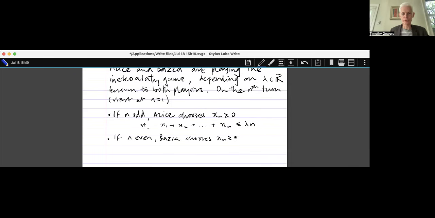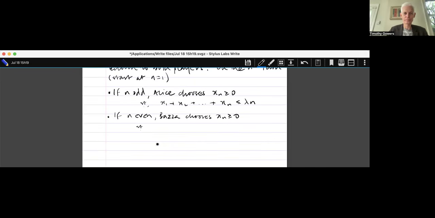And what's the condition that Bazza must satisfy? Such that the sum of the squares is less than or equal to n. That is quite interesting.